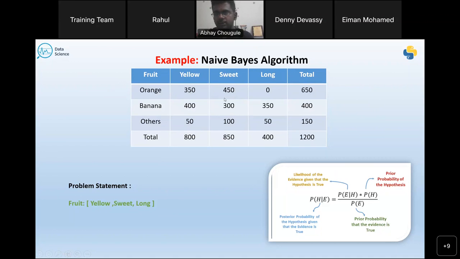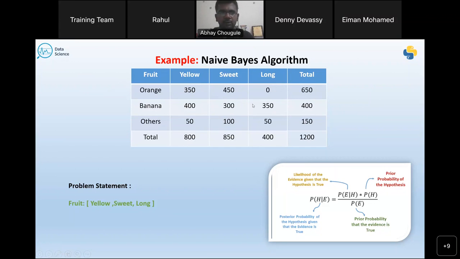The total of orange is 650. Banana is yellow, sweet, and long: 350, so the total is 400. Others, meaning any other fruit, yellow: 50, sweet: 100, and long: 50, so the total is 150.